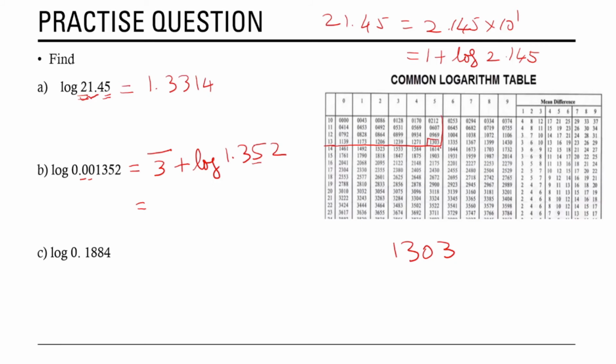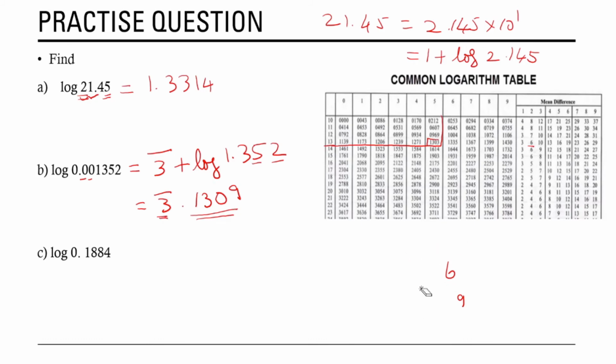The next digit is 2, and the mean difference in the same row 13 is 6. 1303 plus 6 is 1309. So the answer is bar 3.1309. Here only this 3 is negative, whereas the 0.1309 is positive. The mantissa part is positive.